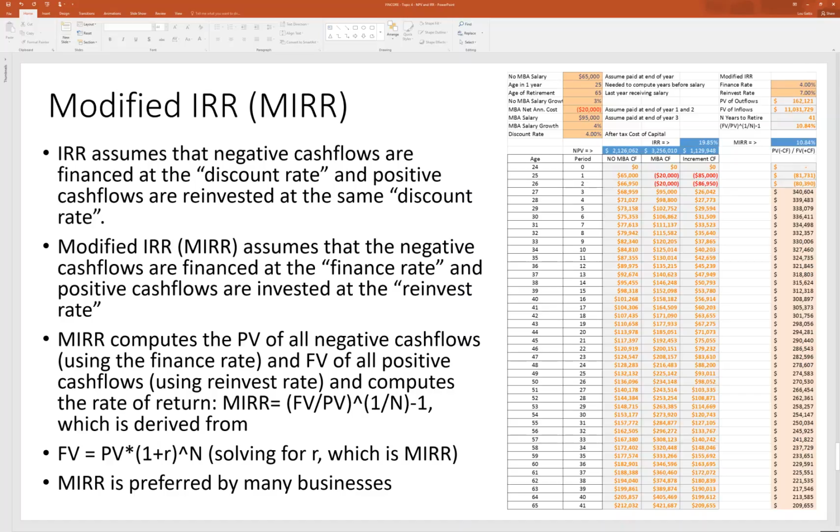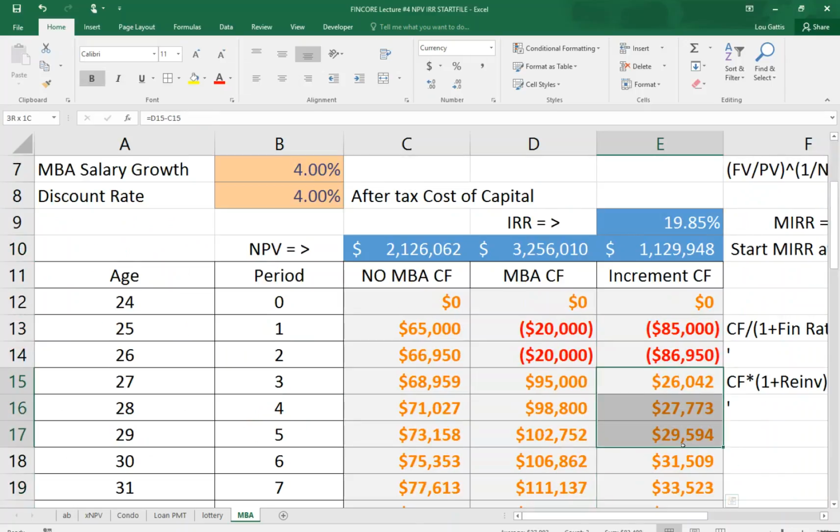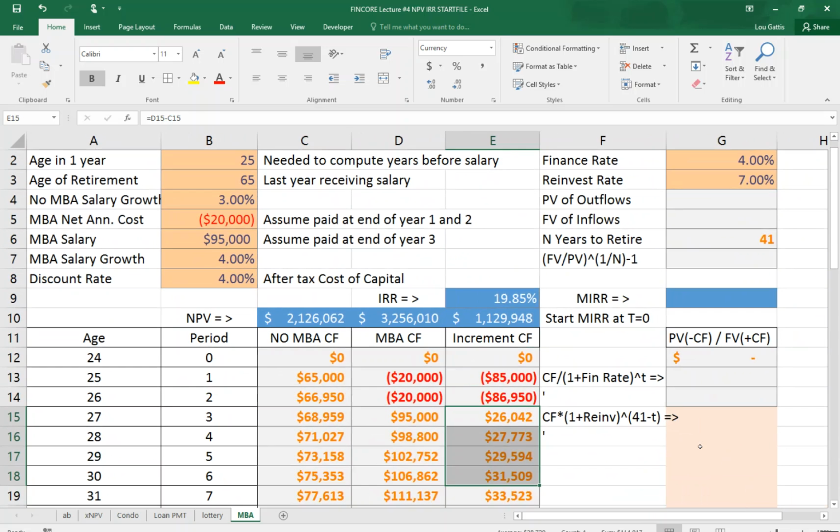And this extra money they get from an MBA, say all that extra money goes into retirement savings and they're going to put it in a portfolio that earns 7% return. So I'm going to borrow at 4% these amounts of money, and I'm going to invest this extra money at 7%. Now if I use IRR, IRR just assumes both of those are done at the discount rate of 4%.